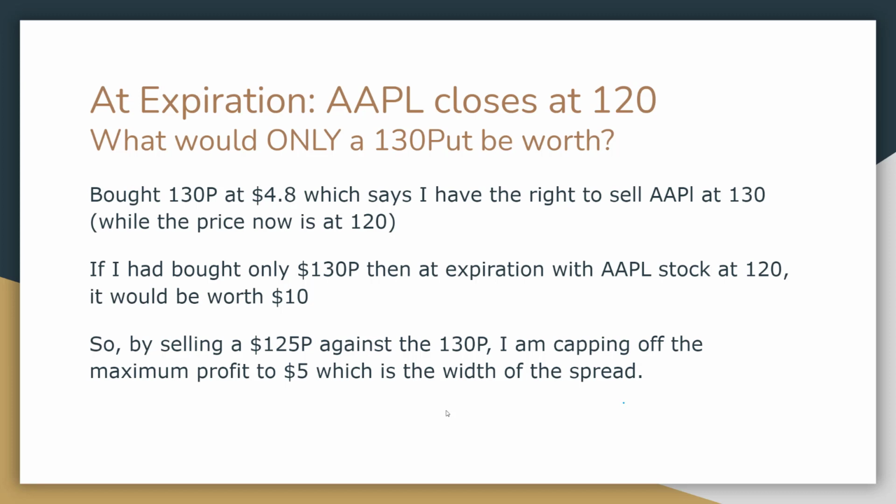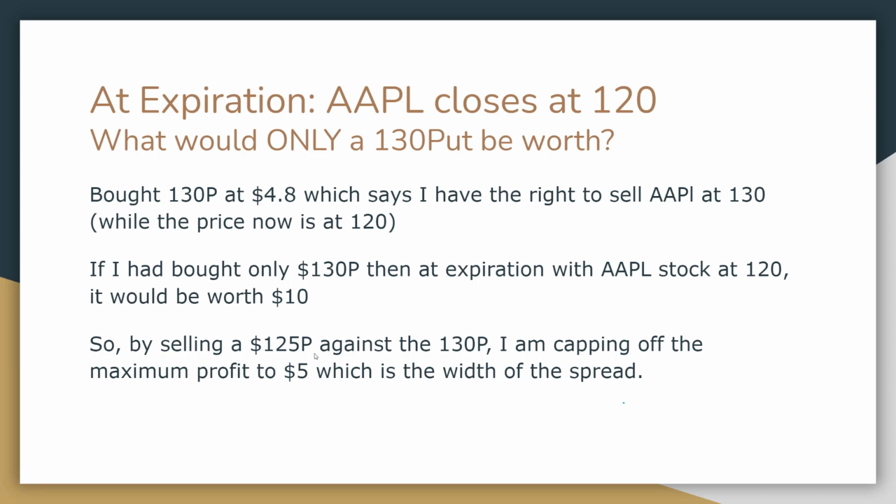So what would the 130 put be worth if you had only bought the 130 put and Apple went to 120? The 130 put currently costs $4.80 and you have the right to sell at 130 while the stock is at 120. So at expiration it would be worth $10, and you would have made $5.20 as profit.